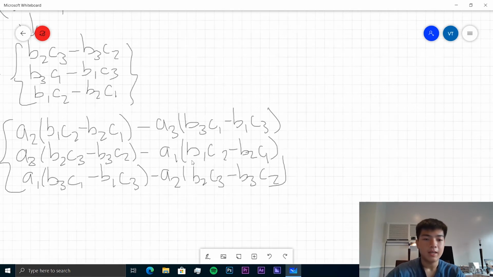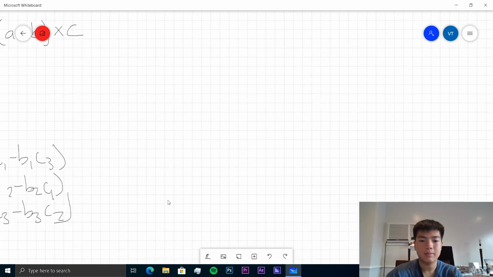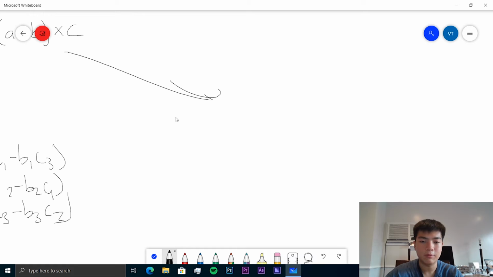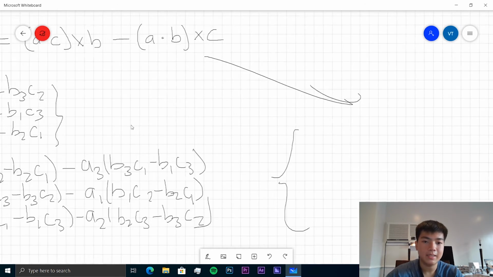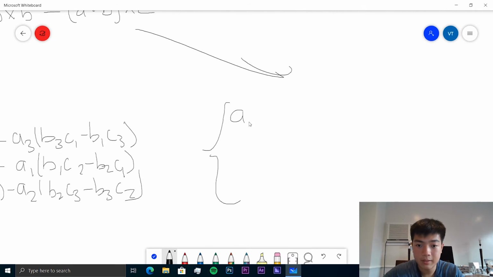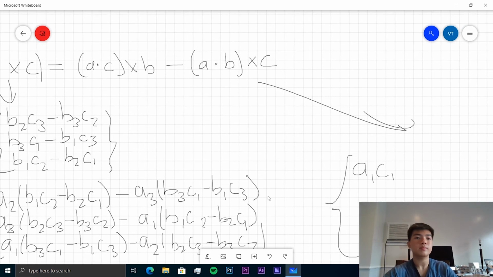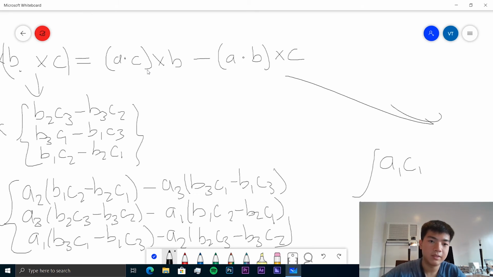And so for this side, we've already expanded this, so let's try and expand this side over here. So what would this be equal to? Well, we have A dot C, which is A1C1 plus A2C2 plus A3C3, times B. So that would be equal to A1C1 times B. Well, this would not be a vector, I guess.